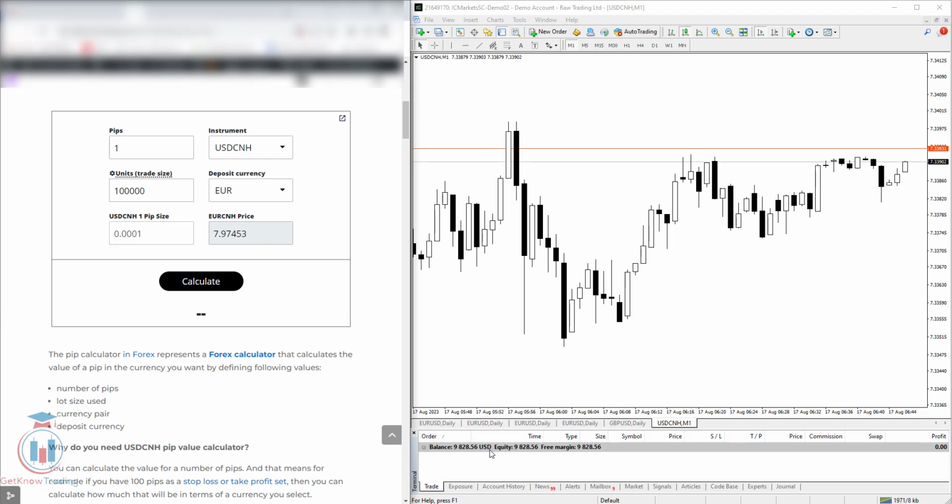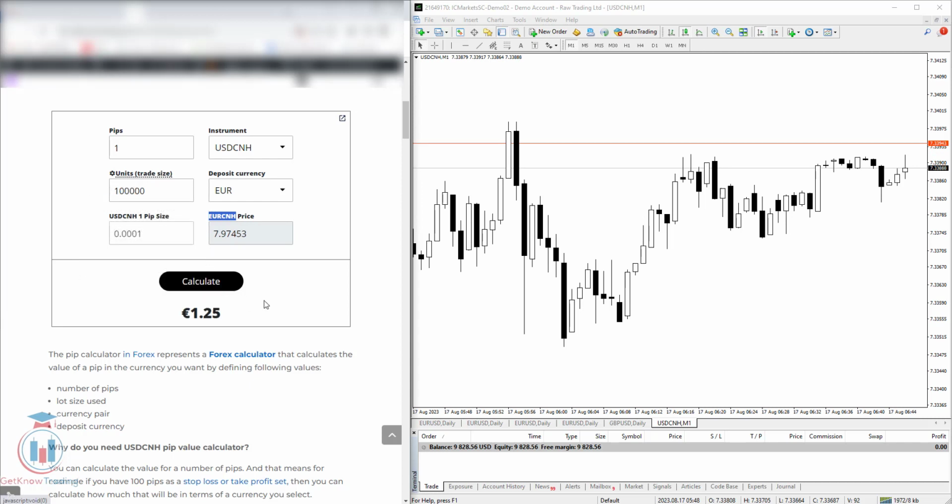If you have euro as a deposit currency, which is not US dollar or Chinese currency, which is the instrument, the calculator needs an additional price that has euro in it to make the calculation for the pip. So when you click calculate, you get that 1 pip in US against Chinese currency is equal to 1.25 euros.